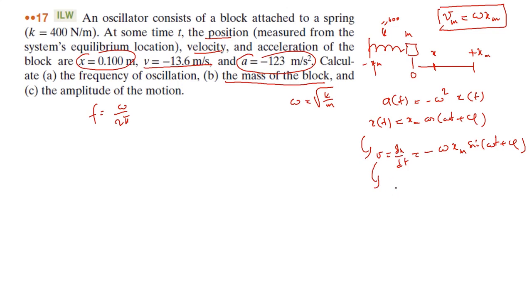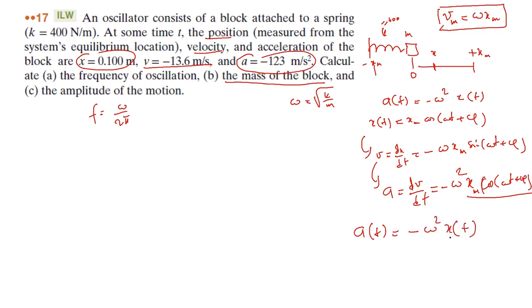Now, if I take the second derivative, I find the acceleration, which is the derivative of velocity with respect to time, or the second derivative of position with respect to time. I'll have minus, the omega comes out again, omega square x max cosine of omega t plus phi. And this is just x. So the acceleration at any time is just minus omega square multiplied by the position at that time.